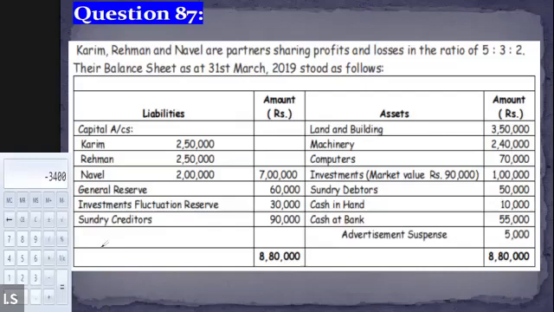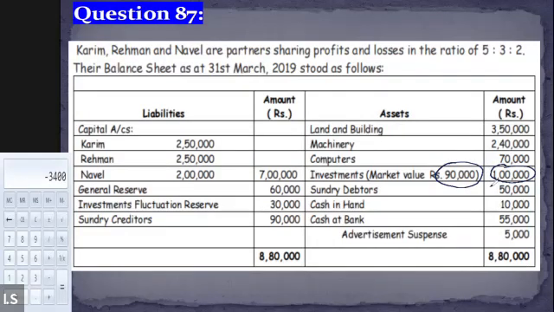Now, looking at the asset side of their balance sheet, we have the land and building, machinery, computer. Then the value of the investment is given, and it says that the market value of the investment is only 90,000, but the book value of the investment is 1 lakh.